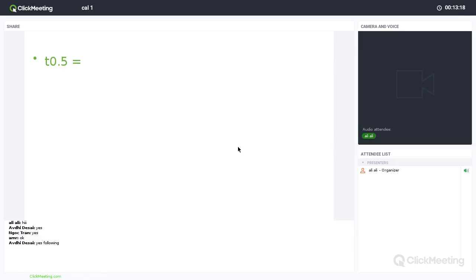The T half, its definition is the time required to reach half of the drug concentration. Okay. Till now, is it clear? Are all following? If there is any problem?